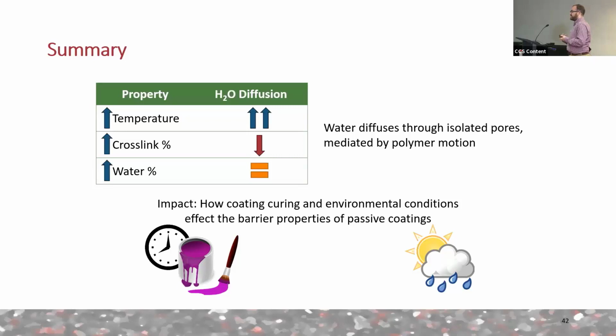And for the water percentages we looked at, up to 5% weight, it's pretty much the same. So this has impact on how your coating is curing, how effective it is. You might have a slightly off stoichiometric amount, or you might not have cured it at quite the right temperature, so you might not have reached the really high percentage of cross-linking that you want. And also the environmental conditions, like the temperature and the moisture content.